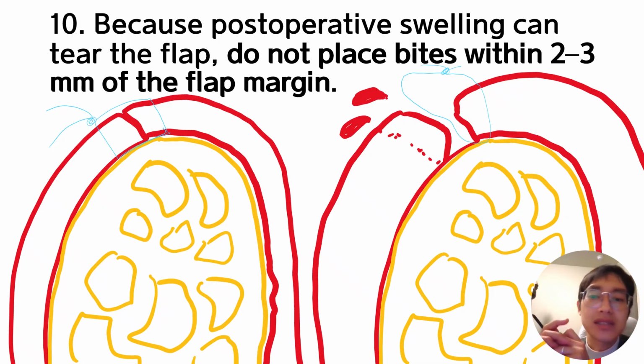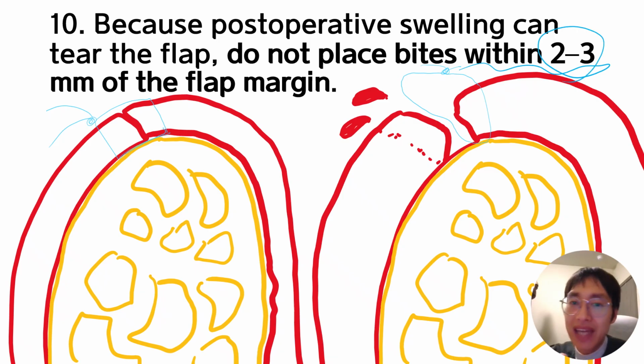All right, this could be something new to you. It was new to me, and I think it is a good idea. As a principle, I just knew that the needle should enter 2 millimeters away from the edge, but the reason behind it is that post-operative swelling can tear up the flap.